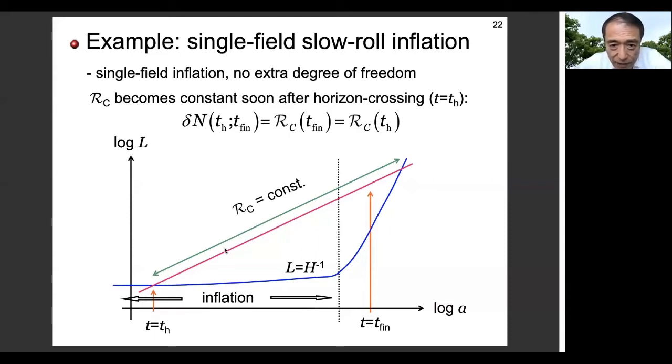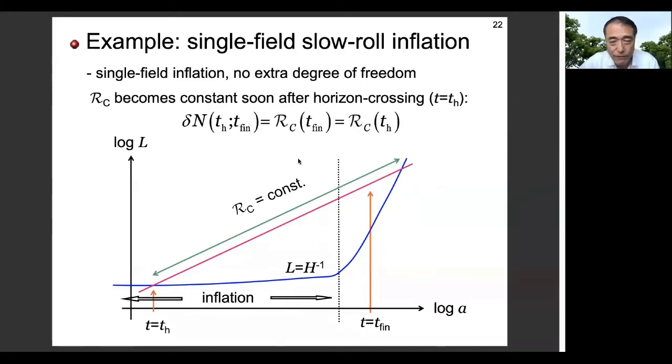As soon as the fluctuation scale goes out of this Hubble horizon, the curvature perturbation on comoving slice becomes constant in time. So you can choose any time as a final time or initial time.